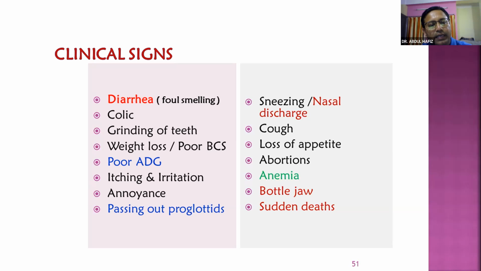Also itching, irritation, sneezing, nasal discharge, coughing, even abortion, anemia, and sometimes sudden death. Different parasites show different symptoms. These are the common symptoms in a broader sense.